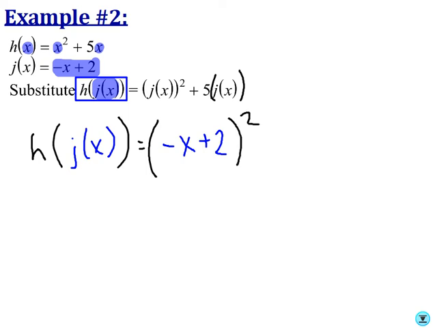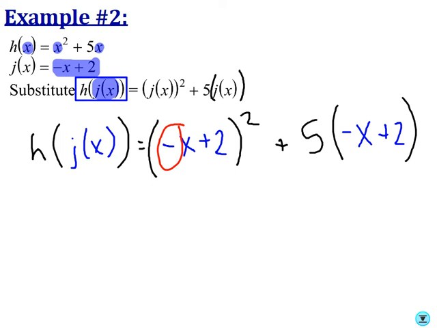So that is our x squared of the h function plus 5 times the other x, and we're going to insert that j function again. And then close it. Every time we are plugging in a function into another function, just like when you substitute a number into a function, put parentheses around it. Excuse me. Instances like this with the negative and a squared, you're going to lose that negative if you don't do it properly.